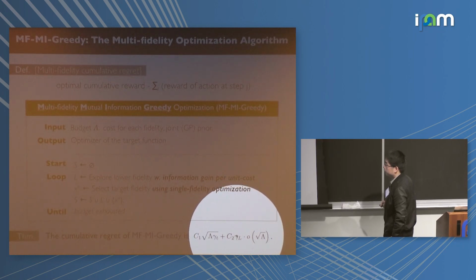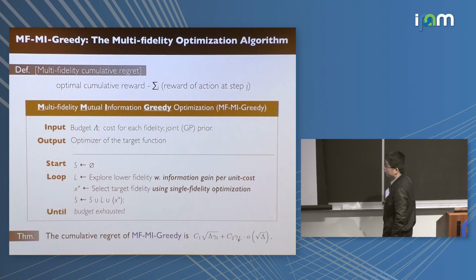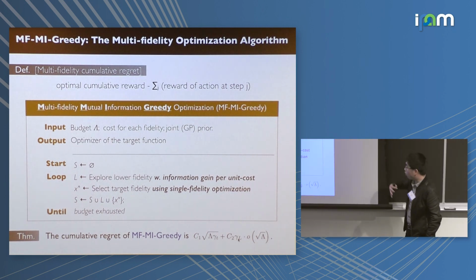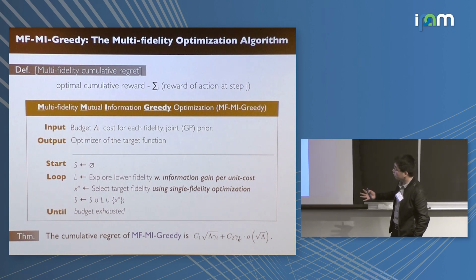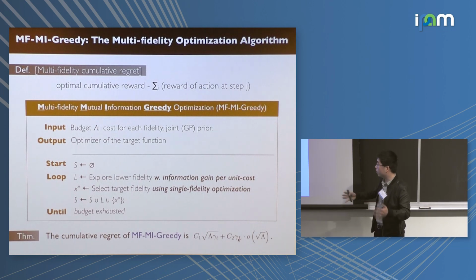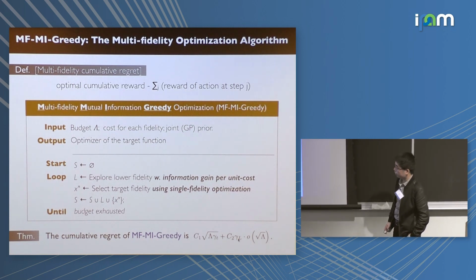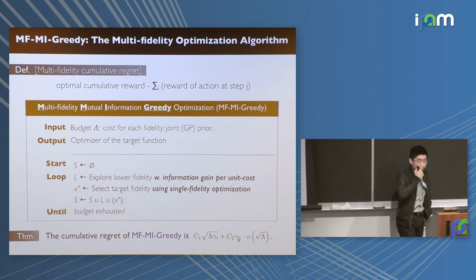So gamma L is the amount of information the lowest fidelity contains about the target fidelity. The capital gamma is the overall cost for the experiment, and in the long run, if we have a total budget gamma, we divide this regret by gamma, we still have an asymptotic convergence guarantee for the algorithm, where we have no regret in the long run.